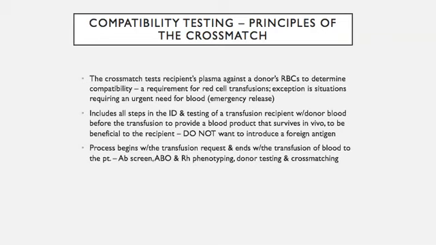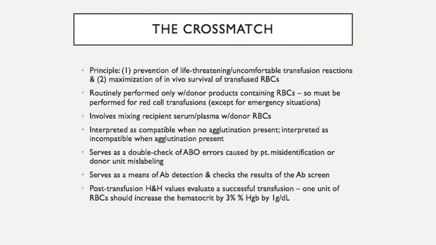We have to do the antibody screen to determine if they have any antibodies. And then it includes the donor testing and cross-matching. If the patient were to be identified to have an antibody, then we, of course, would have to do that full antibody panel workup to determine what the antibody is and then find units that would be compatible.